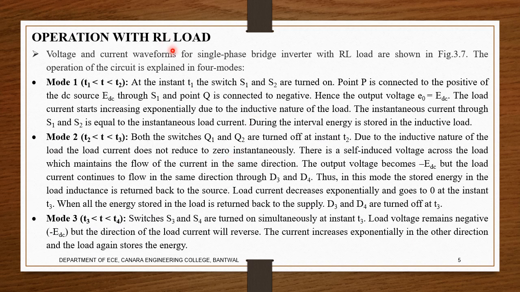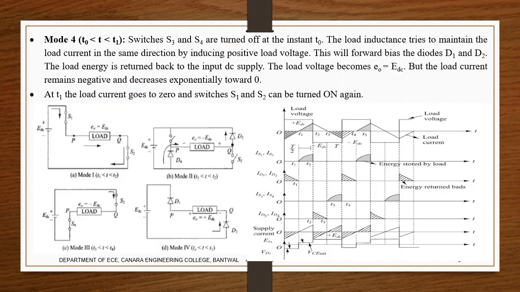Now, what is happening with the operation with the RL load? Better we go with the circuit and analyze it. In mode 1, at instant T1, the switches S1 and S2 are made on and the point P is connected to the positive of the DC source EDC through S1, and Q is connected to the negative.